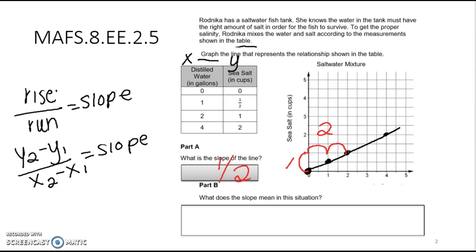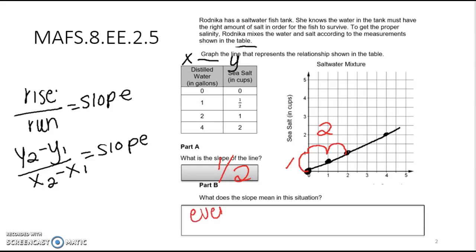And that's what this table is telling me. So every time I add 1 gallon of water, I'm adding half a cup of sea salt. So at 2 gallons, I should have 1 cup of sea salt.